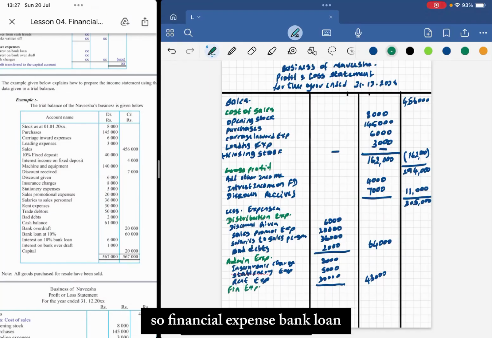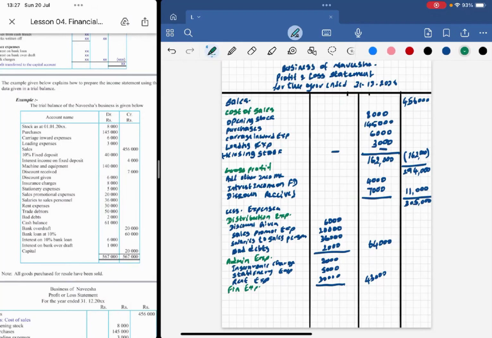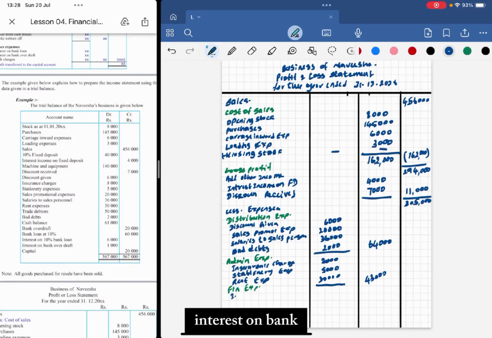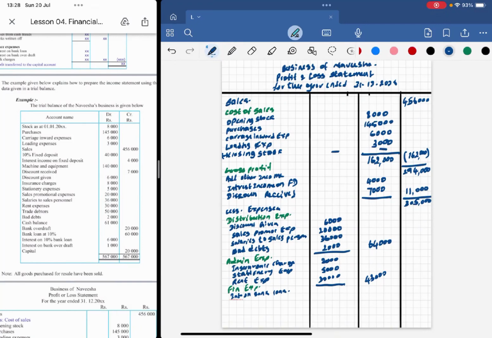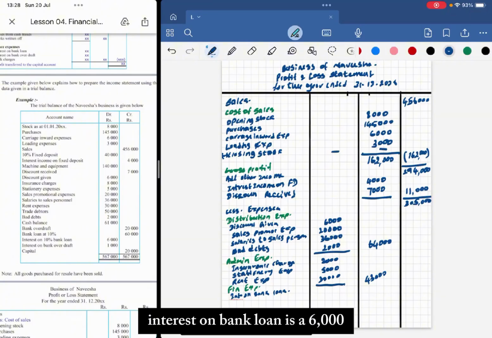So financial expense, bank loan, interest on bank loan is there. Interest on bank loan, how much? Interest on bank loan is 6,000.